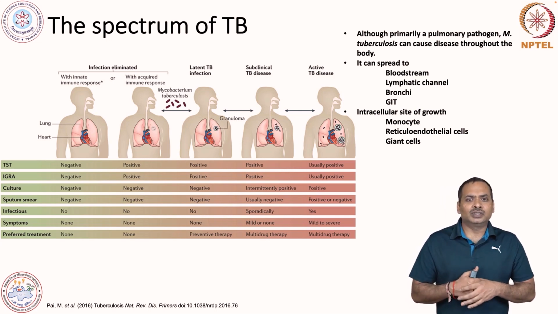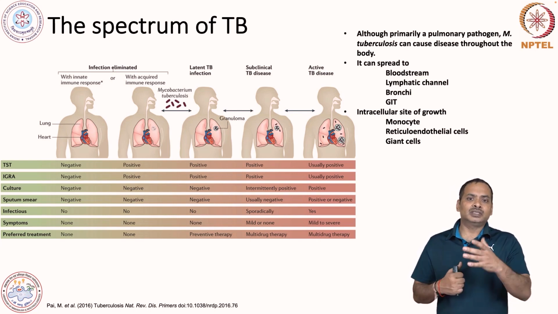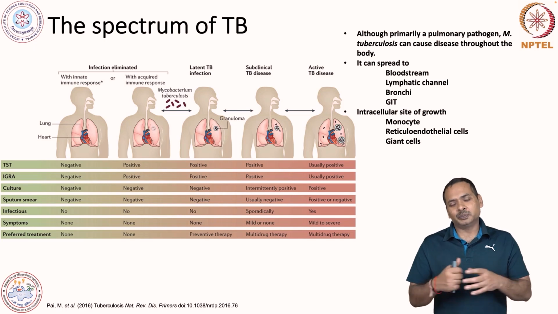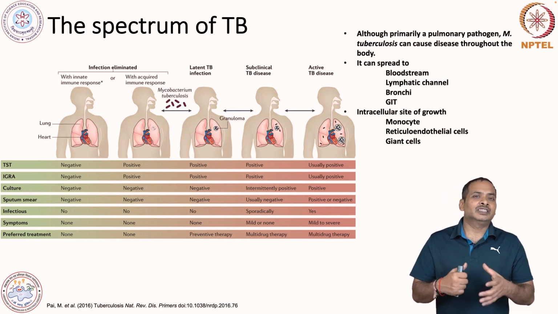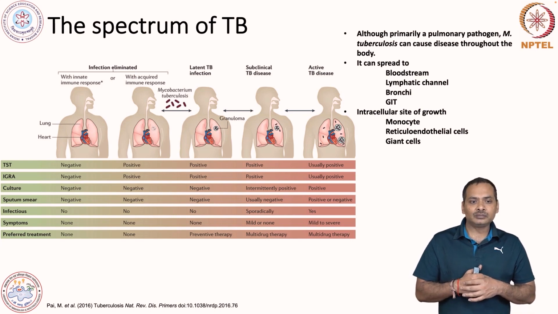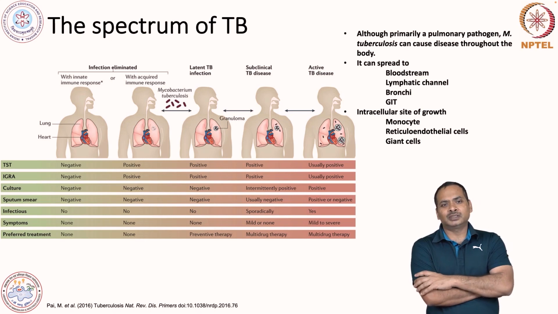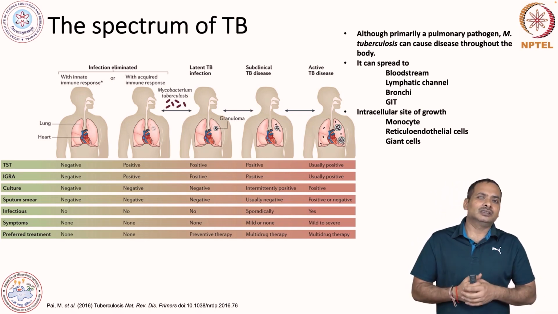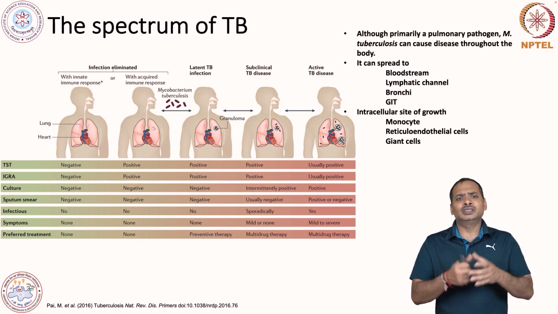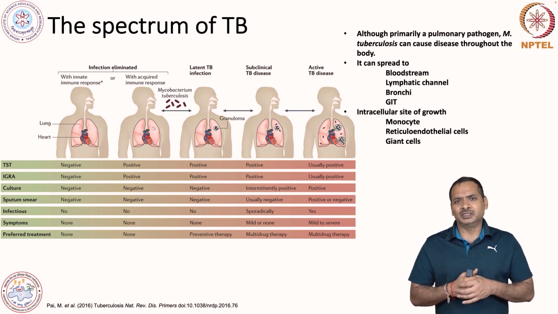But in the case of subclinical TB disease, it will be intermittently positive, and in the case of active tuberculosis, there will be a full and clear picture of acid fast bacilli in the sputum smear. Here different properties are given, and these properties are basically the features of the infection eliminated patient, latent TB, and subclinical TB disease or active TB disease patient.